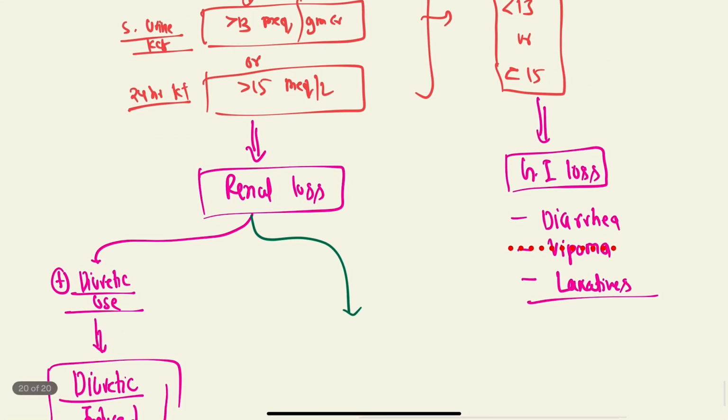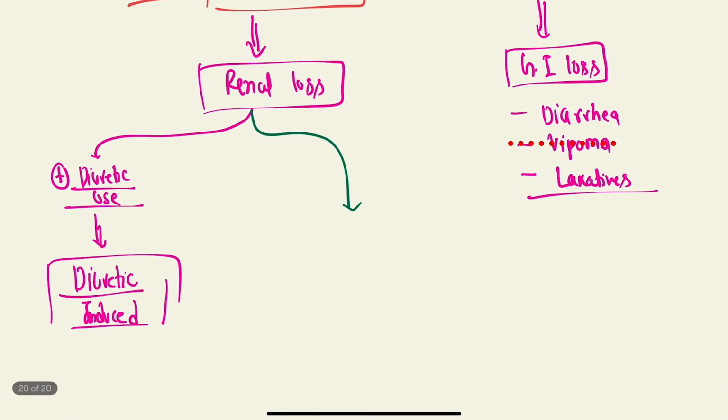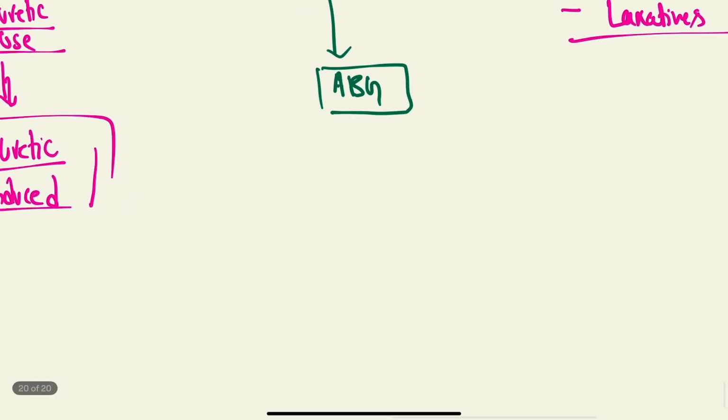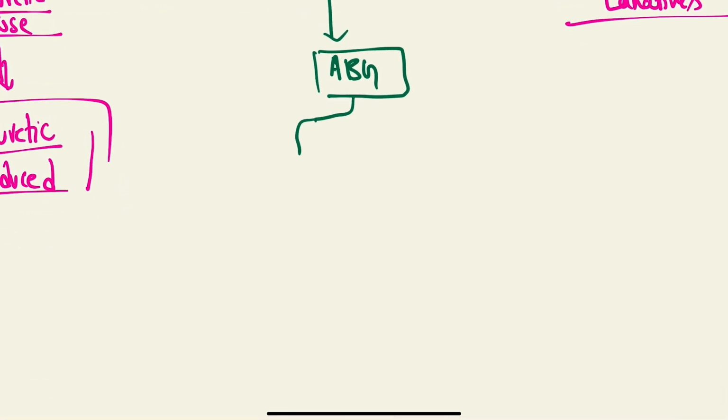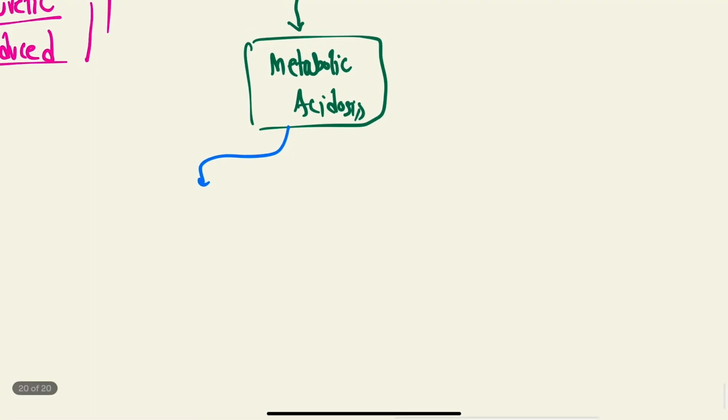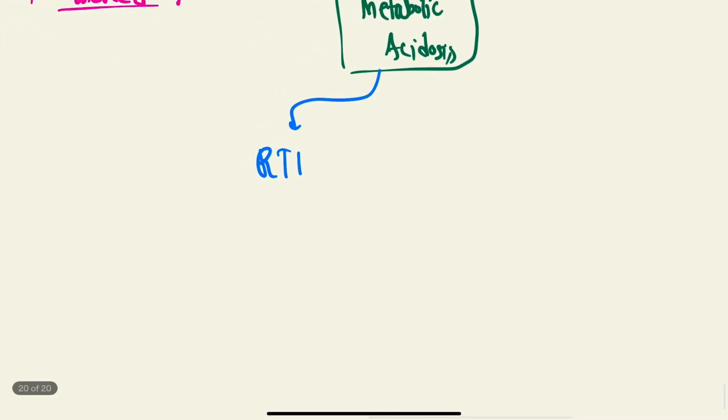If it is due to renal loss and there is no diuretic use, then we do further investigations like ABG. If the ABG shows metabolic acidosis, then it is due to renal tubular acidosis.